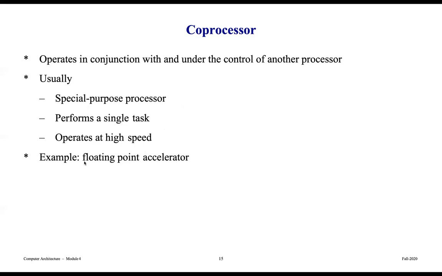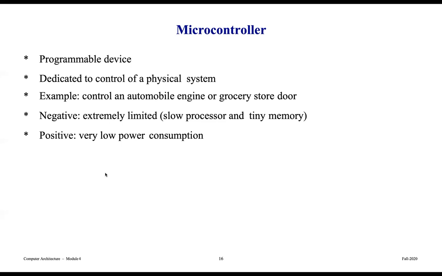Or if you're doing some heavy computing, instead of just using it for your graphical interface, you can have a dedicated processor that accelerates floating point mathematical computations. That would be another useful thing.